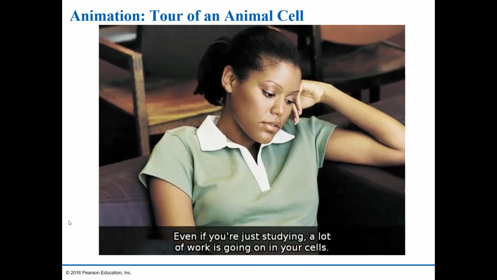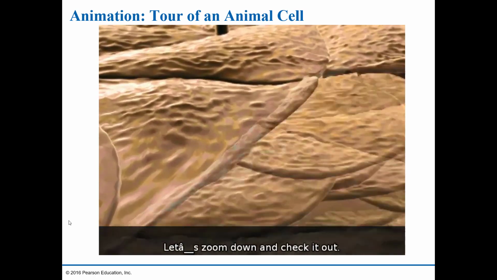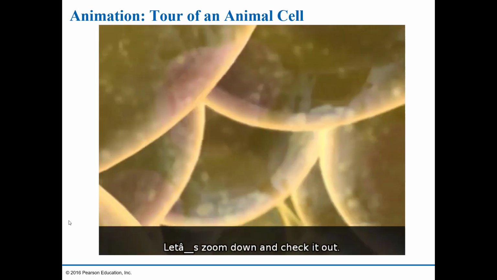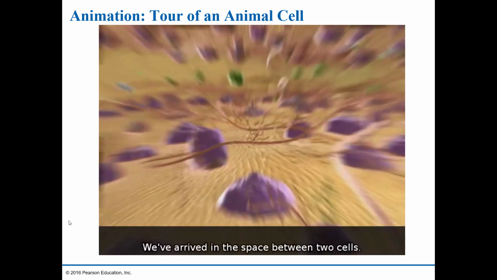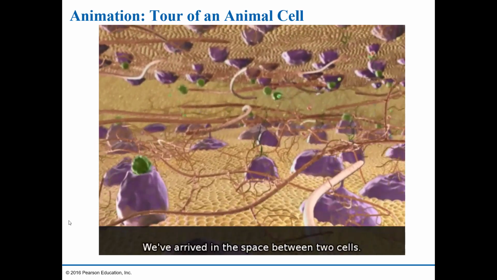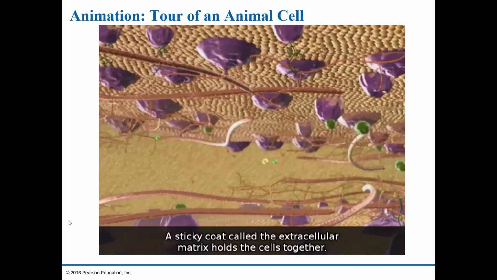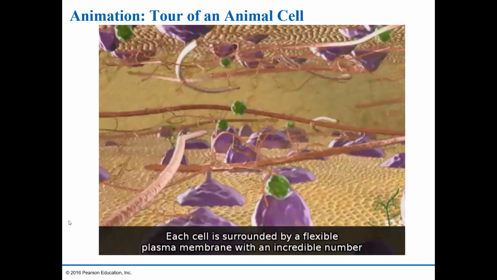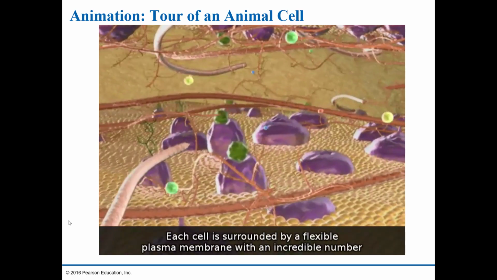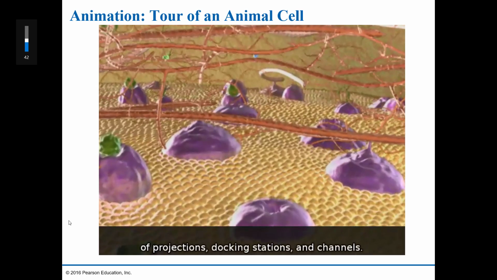Even if you're just studying, a lot of work is going on in your cells. Let's zoom down and check it out. We've arrived in the space between two cells. A sticky coat called the extracellular matrix holds the cells together. Each cell is surrounded by a flexible plasma membrane with an incredible number of projections, docking stations, and channels.